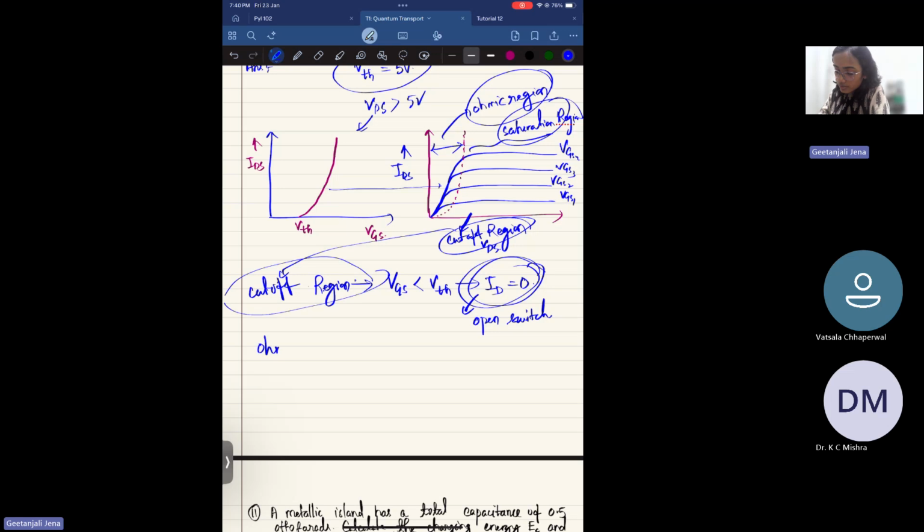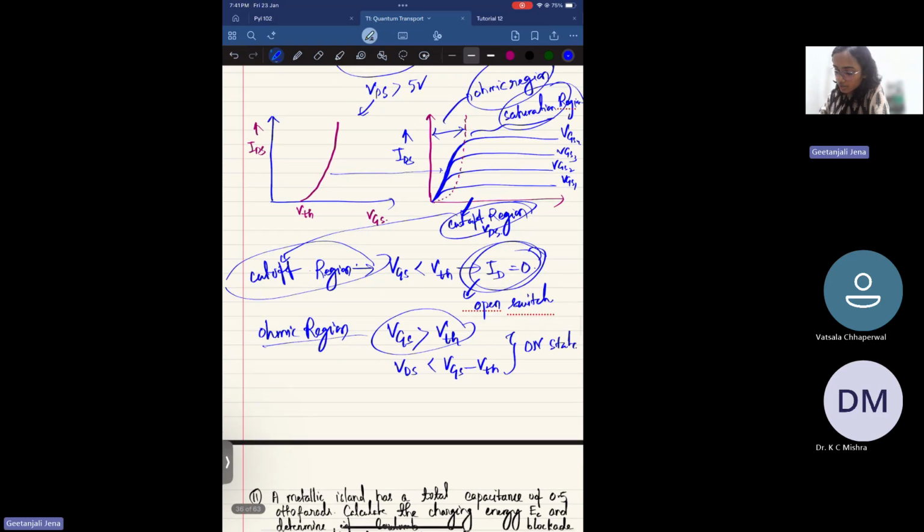For the ohmic region or the linear region, VGS is greater than VTH, but VDS is less than VGS minus VTH. So you can see here the current is gradually increasing linearly. So that means the MOSFET is in the on state.